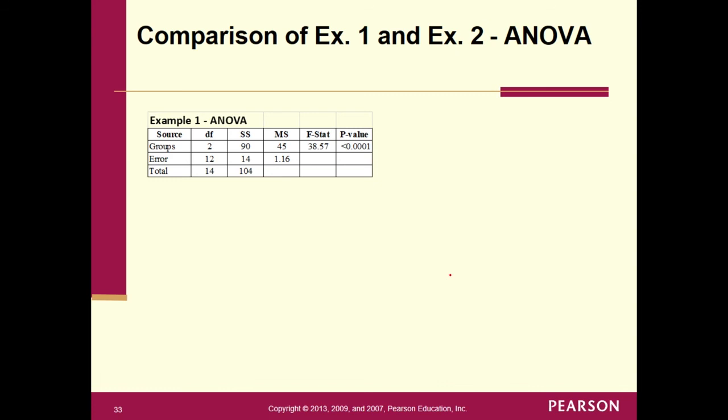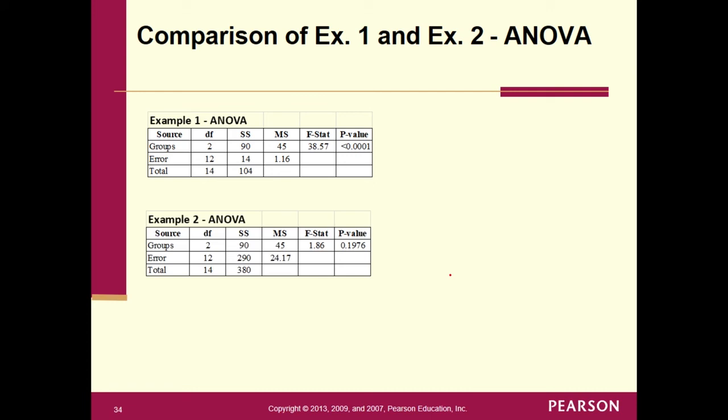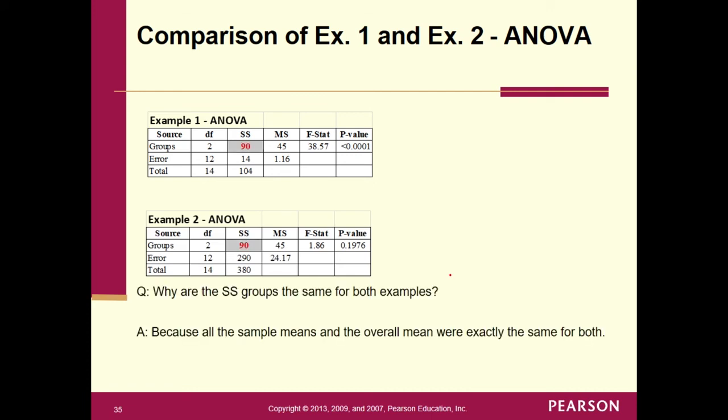Here's the ANOVA for the first example, and here's the ANOVA for the second example. What we need to pay attention to is that SS groups are exactly the same between the two. Why? Because the sample means and the overall mean were exactly the same for both.